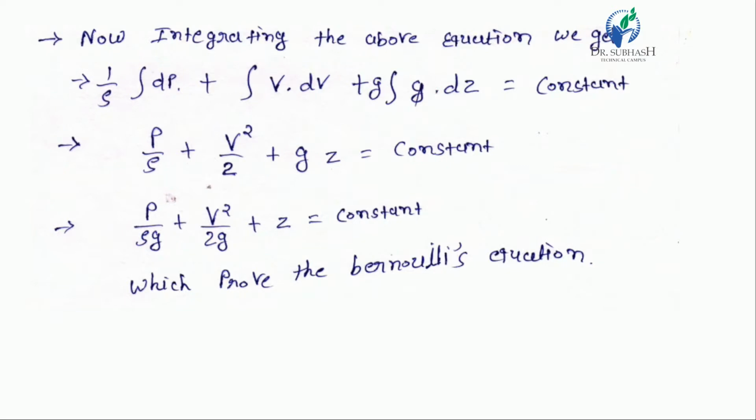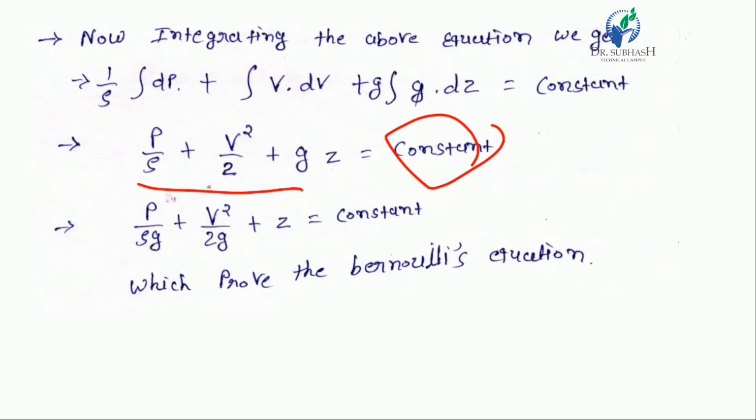The integration of dp is p, so p upon rho, the integration of v dv is v square upon 2, and the integration of dz is z, so gz equal to constant.